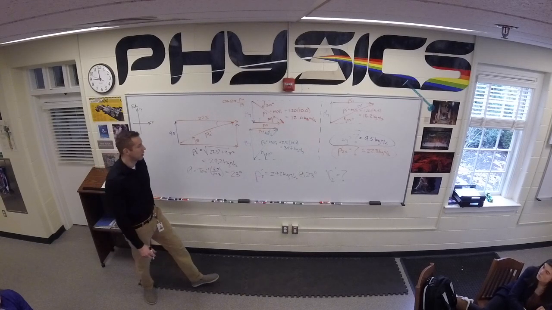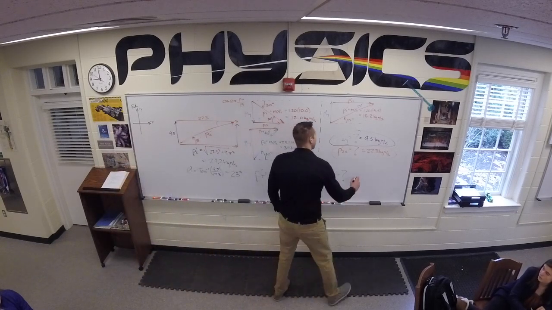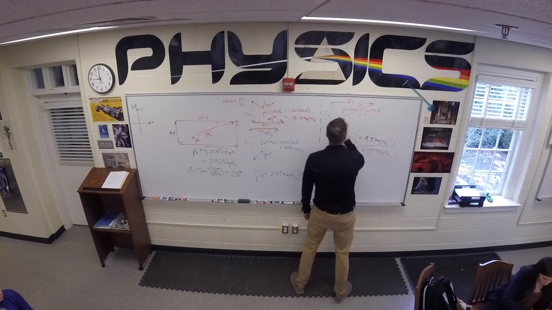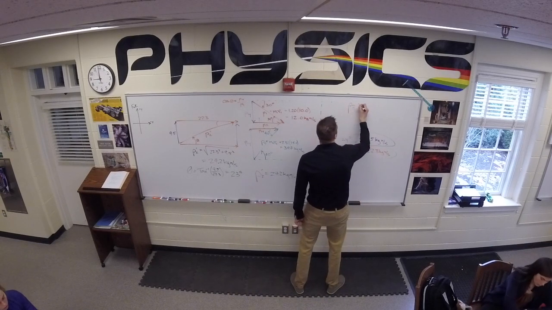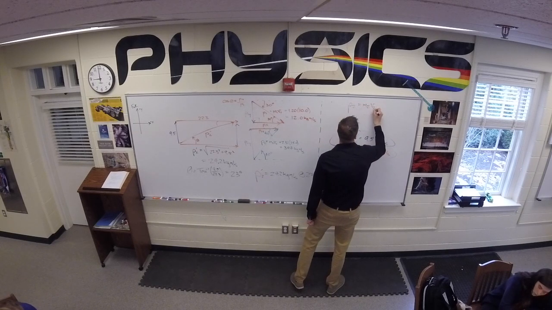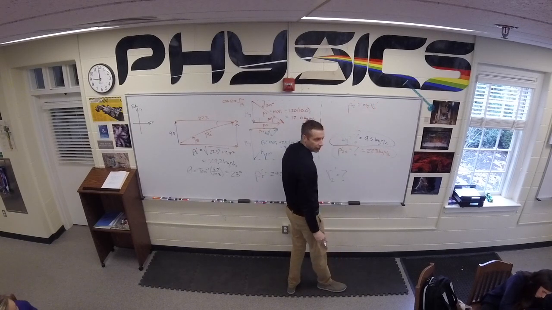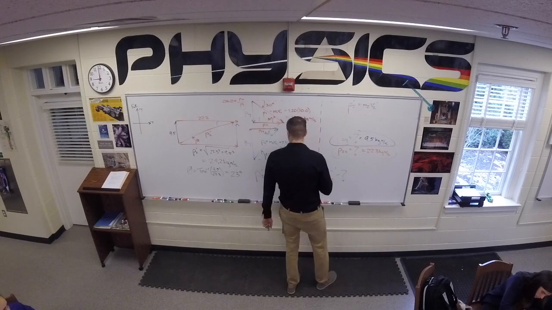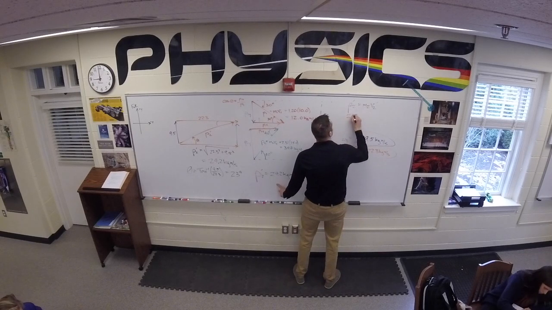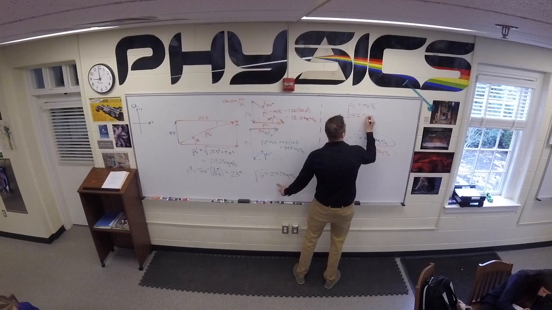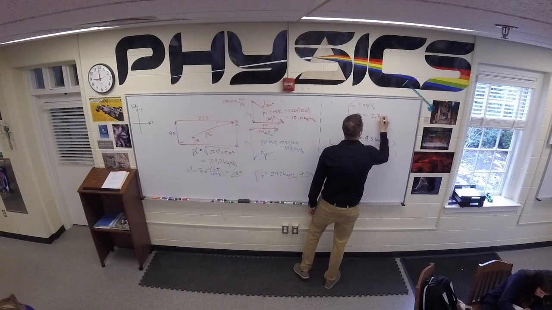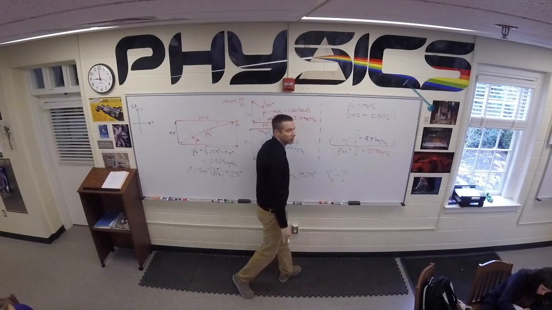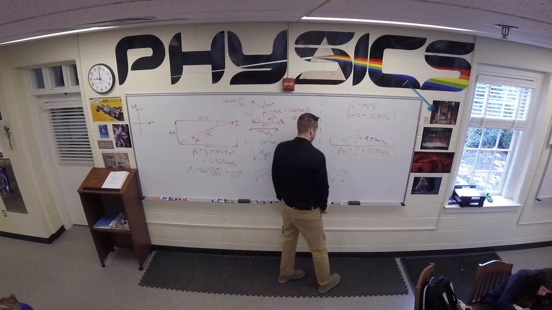So P is mv, P2 equals m2 times v2, and we're looking for the prime condition. We know that P2 prime is 24.2, and m2 is 2.31. V2 prime is what I'm trying to find, divided by 2.31. What did you get, Sally?